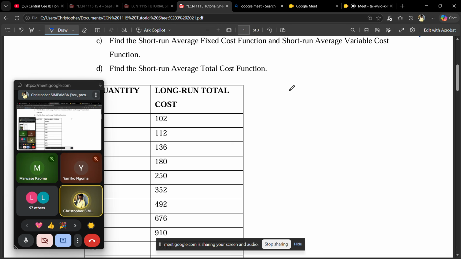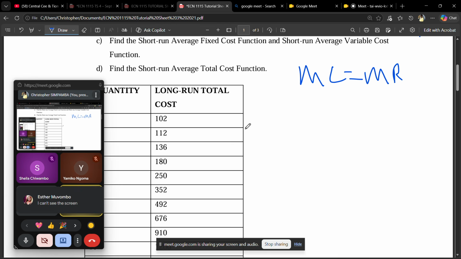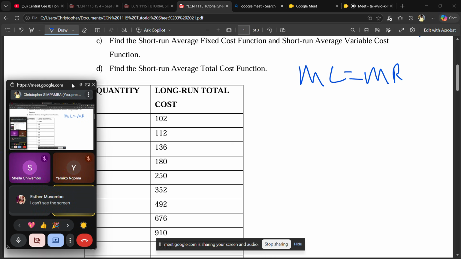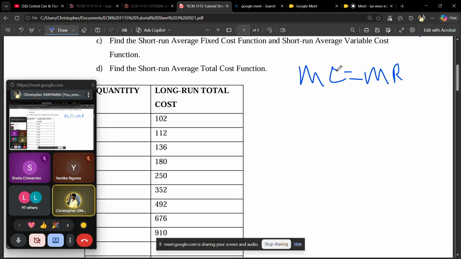So in the short run, we have conditions like, a firm produces at the point where it sets its output where marginal cost is equal to marginal revenue, right? You see it, Esther, Zion. So this is the condition that is there in all the firms.